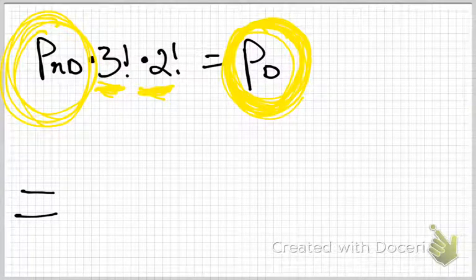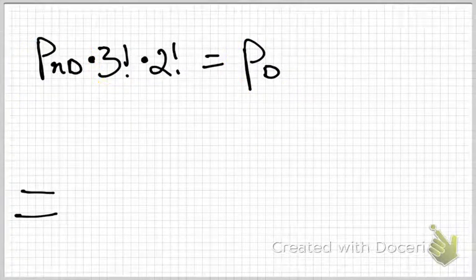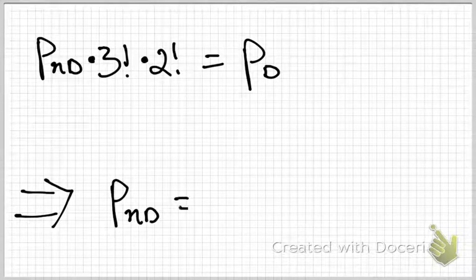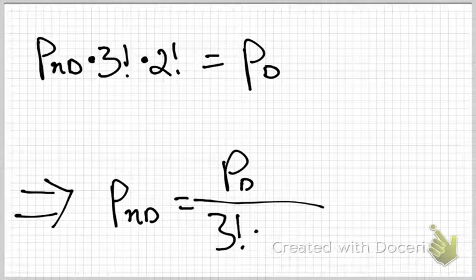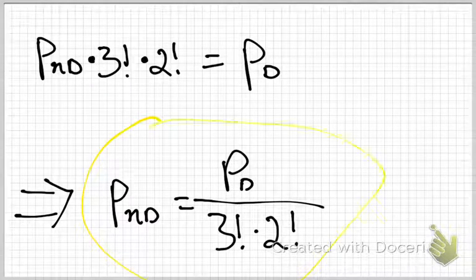And if we do a little bit of algebra, we would get that, just by dividing both sides by 3 factorial times 2 factorial, we get to this down here.